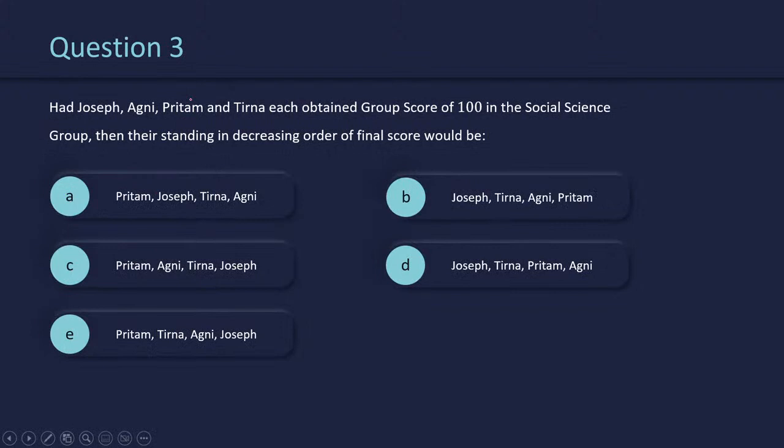Okay, next question is, had Joseph, Agni, Preetham and Tina each obtained group score of 100 in the social science group, then the standing in decreasing order of final score would be? So if all of these get 100, then in what order would they be?